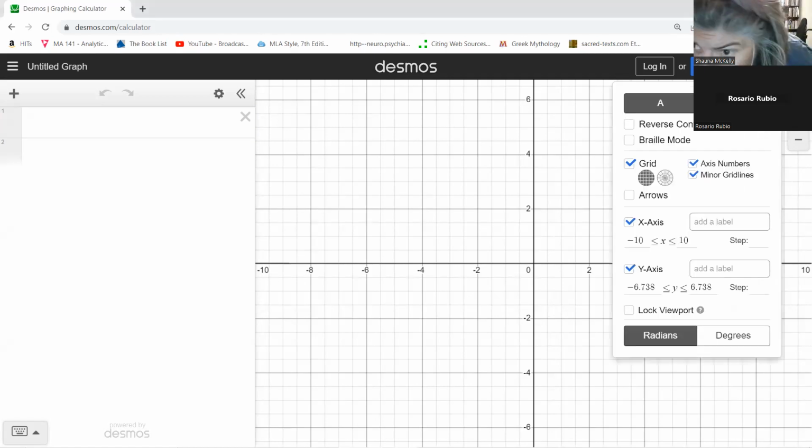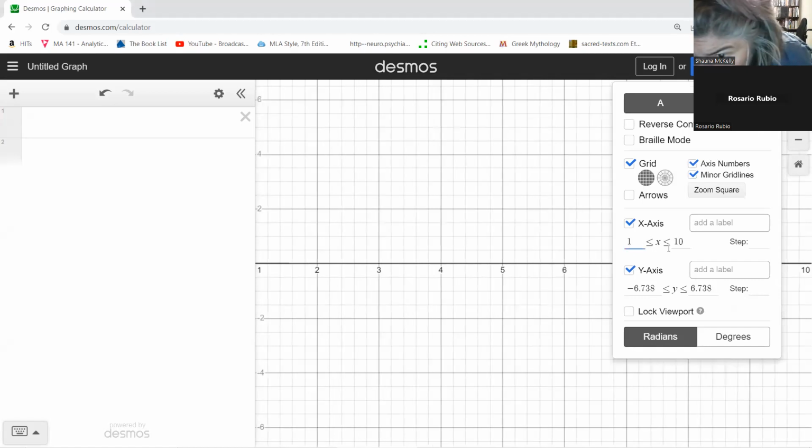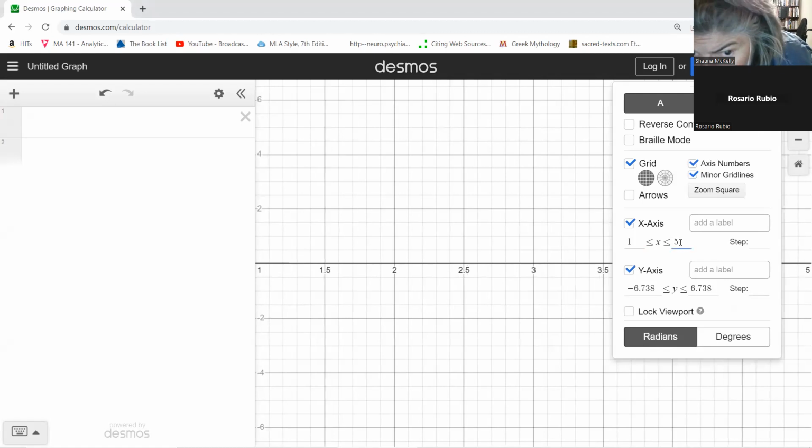I'm going to go from 1 to 5, scaling the x-axis by 1 unit.